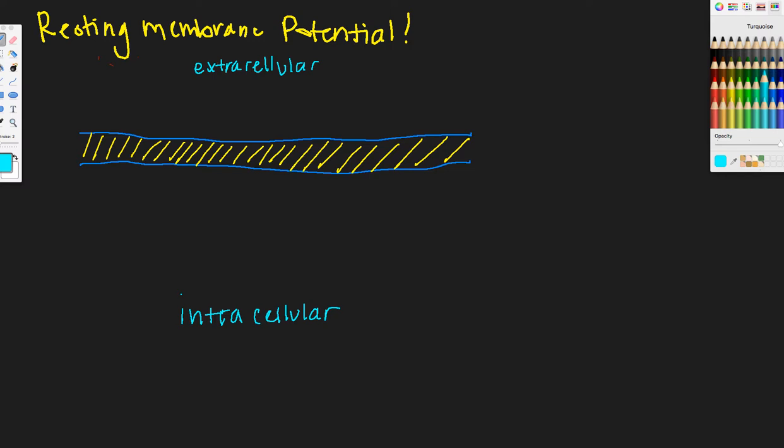Okay, great. So a membrane at rest maintains an electrochemical gradient across it.